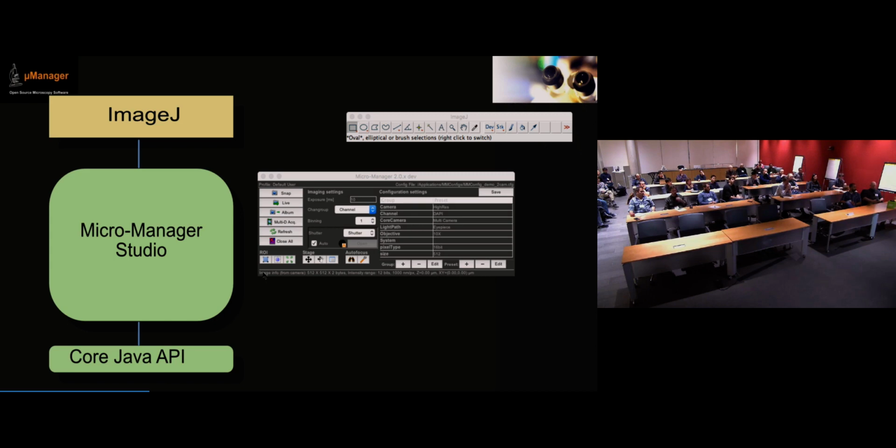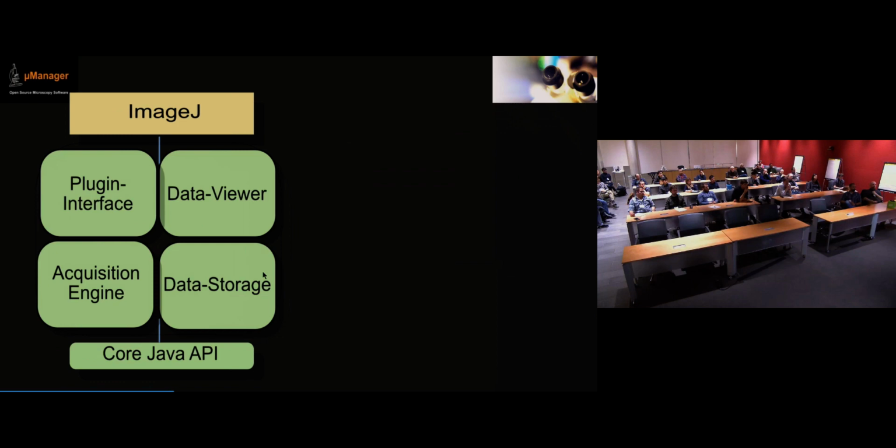How can we keep things simple and straightforward? A snap and live button top left, that's the basic functionality you want, all those kinds of things. And of course, with user interfaces, there are all kinds of tastes and whatnot. I think we succeeded in having this work for cell biologists.